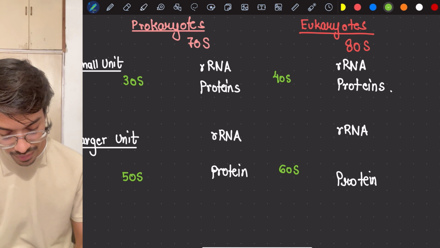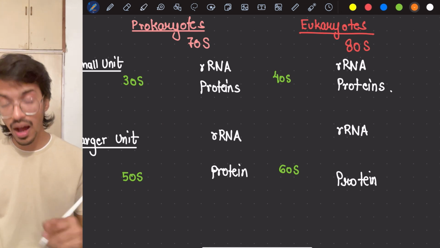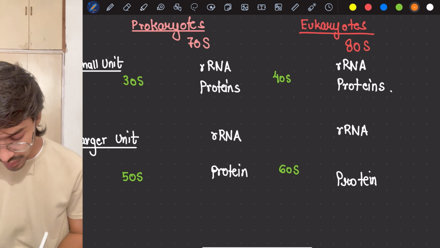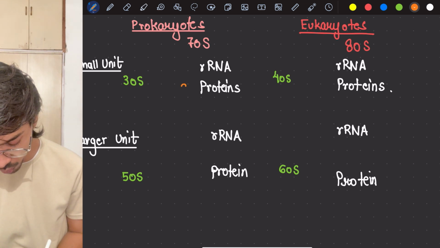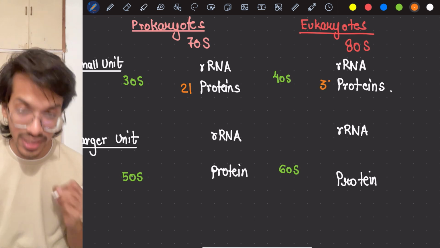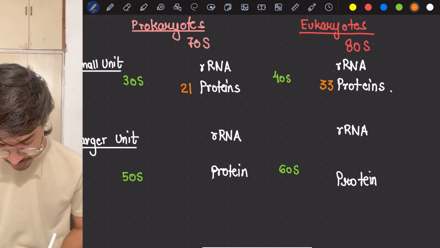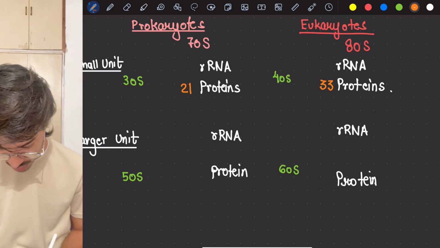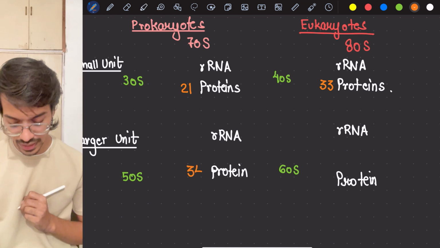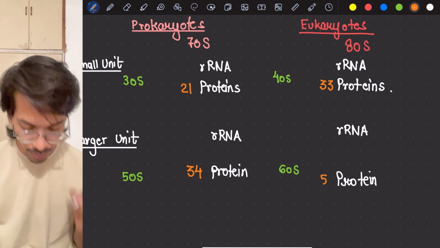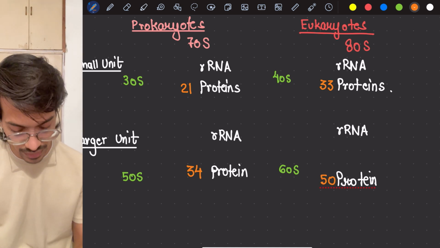The next thing to remember is the proteins. Here 21 proteins are present, here 33 proteins are present. Here we have 34 proteins present in the larger unit of the prokaryotes, whereas here we have 50 proteins present. Okay, one thing is over.